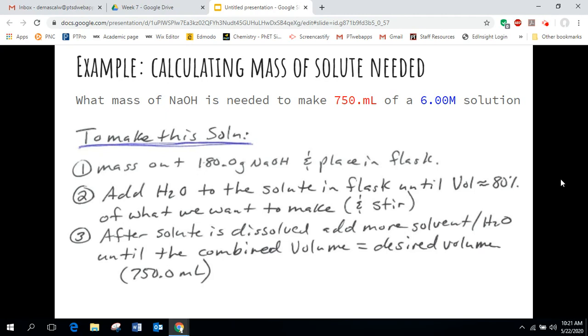So you put the solute in first, you add your solvent, your water, to get about 80% of the volume. About 80% of 750 is around 700, ballpark. Stir it together, and then make sure at the very end, the solute and solvent together in the solution has a volume of 750 milliliters.